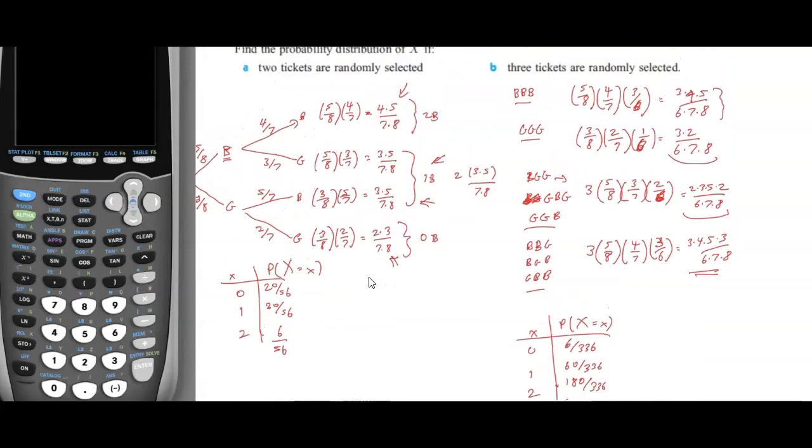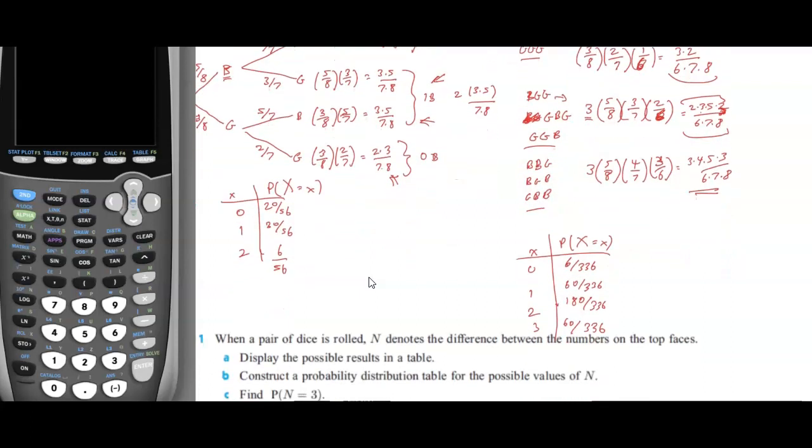I think one of these is wrong. What about this one? 2 times 3, 6. 6 times 5, 30, times 2, 6. Oh, it should be times 3. This is 3. So that would be 90. 1 blue would be 90. Okay.